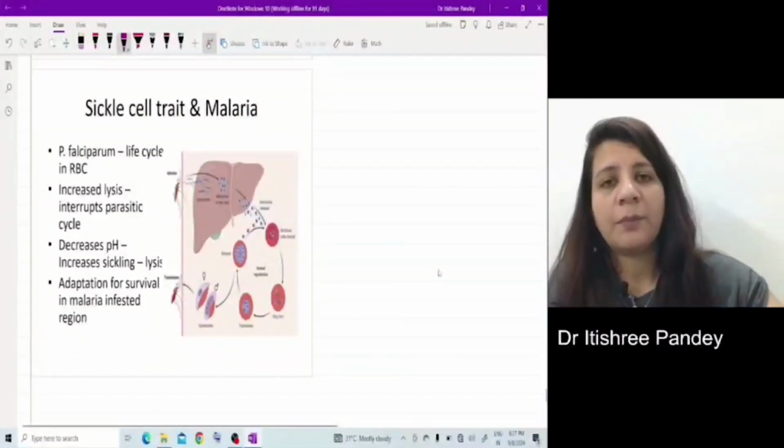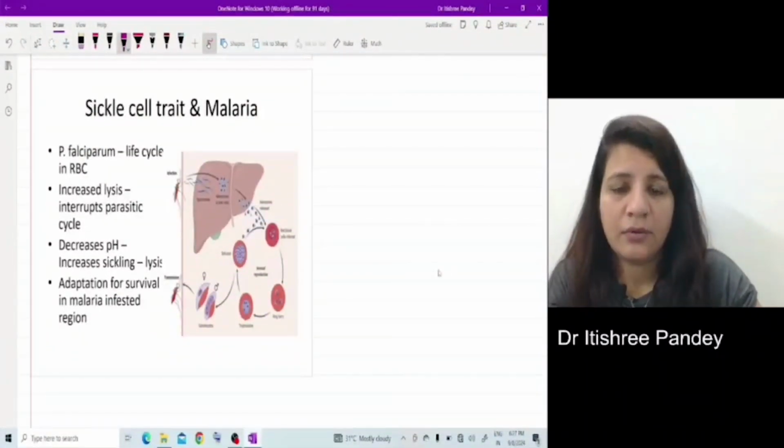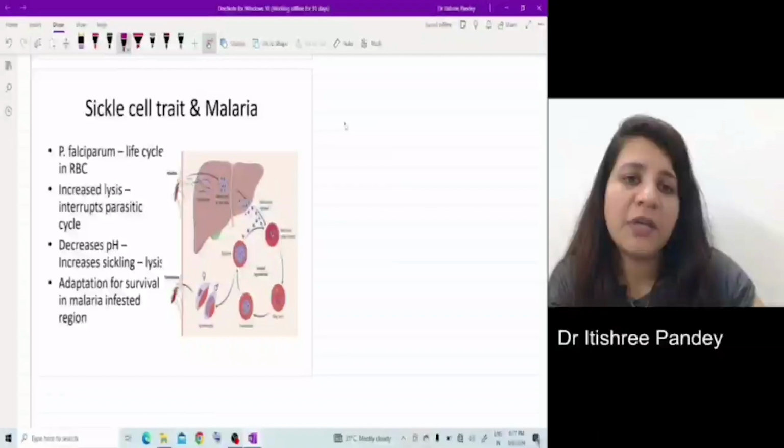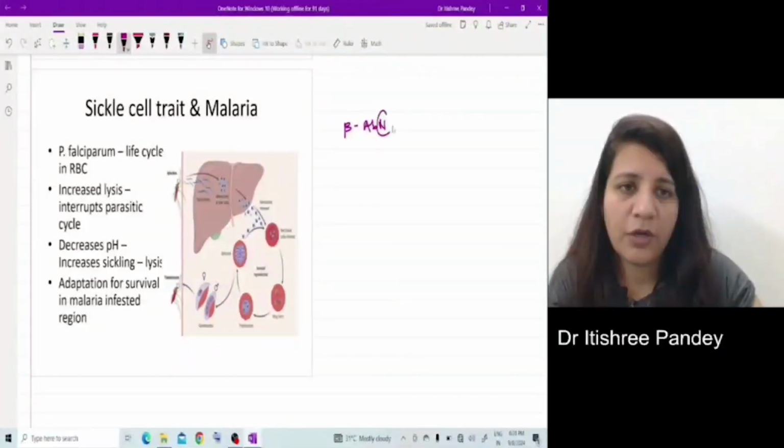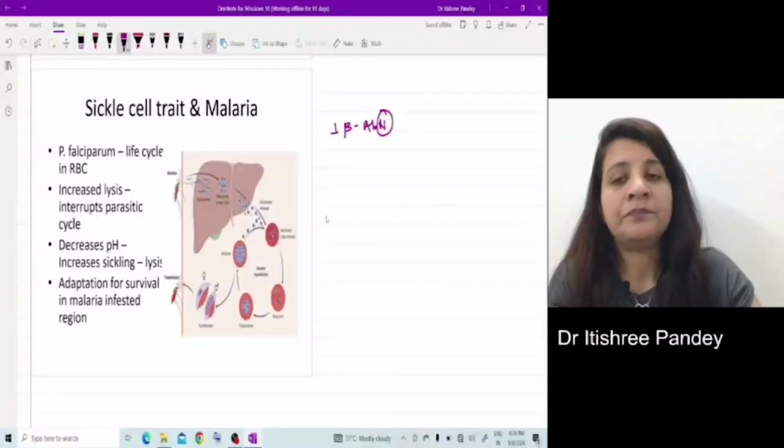Now there is an adaptation for survival in malaria infested regions, and in sickle cell trait we all know that only one beta globin chain is abnormal.